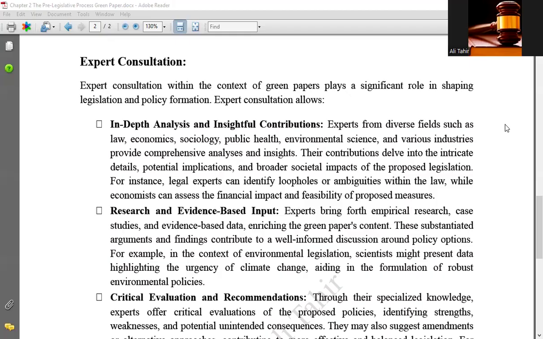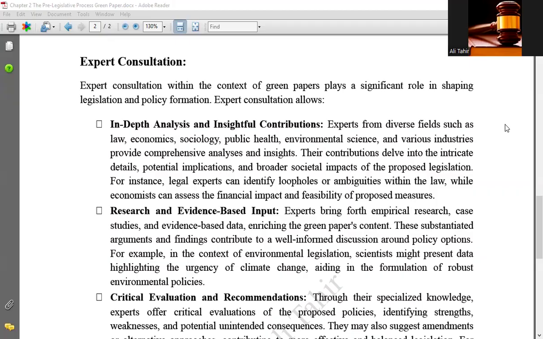These substantiated arguments and findings contribute to a well-informed discussion around policy options. For example, in the context of environmental legislation, scientists might present data highlighting the urgency of climate change, aiding in the formation of robust environmental policies.